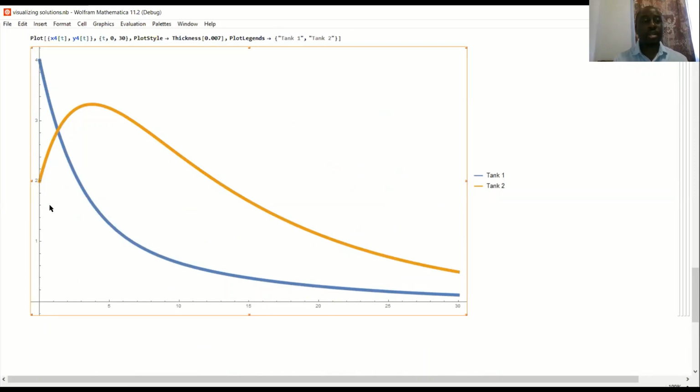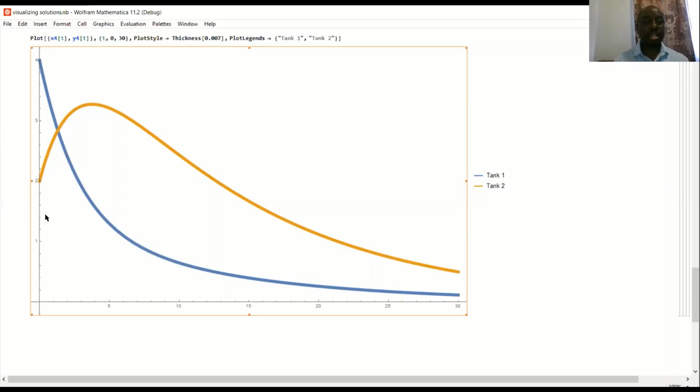Right? Now notice that because we are pumping pure water into tank 1, its concentration declines much more quickly over time than tank 2, because we keep diluting tank 1, right? And then we exchange material with tank 2. So it takes a while for tank 2 to actually see a decrease.